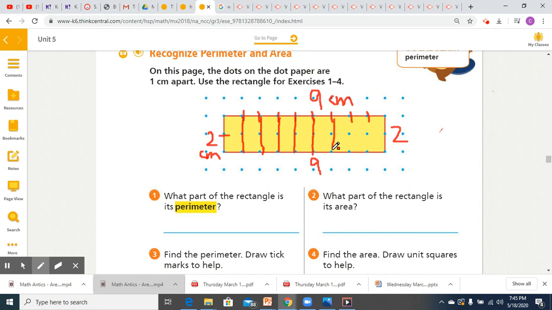Okay? All right. So I'm just joining these dots together to make lines. And now I'm only missing 2. Draw a line here. Okay. So all these squares are telling me what is the area.